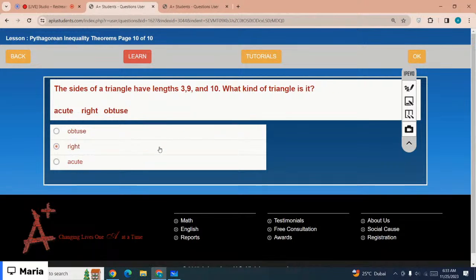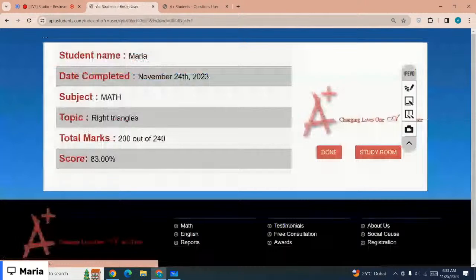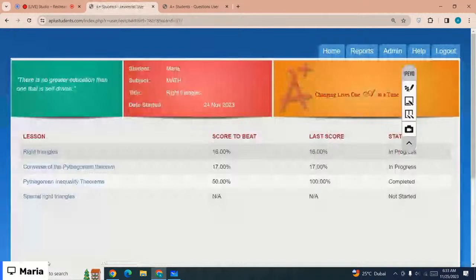This is a right angle triangle, right? Because the sum of the other, obtuse, 9 times 9 is 81. Oh, 81 plus 9 is 90. It is, sorry, that is an obtuse triangle. Okay, got it. Okay, we are finished with the lesson. Let's just move on to the next lesson. The next lesson is special right triangles.